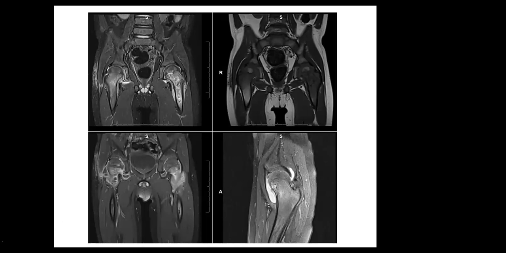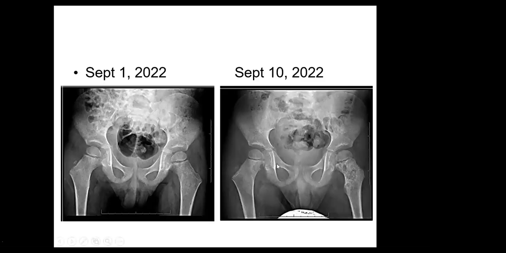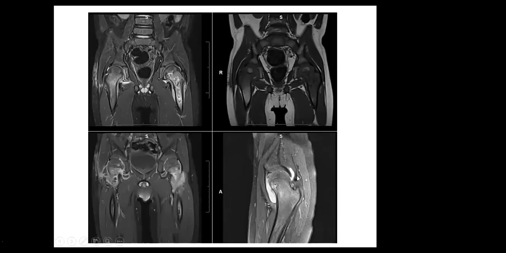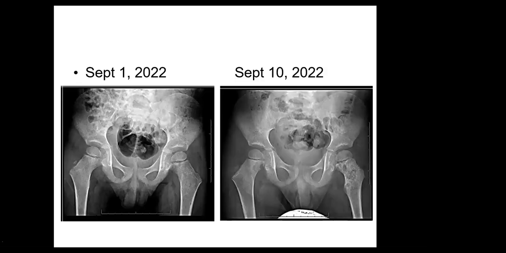Okay, so it is septic arthritis and osteomyelitis of both hips and both femora. Bilateral. It's worse on the left, but it's actually bilateral on both radiographs and the MRI. So always when you are looking at an imaging test, make sure you search for other abnormalities or findings.